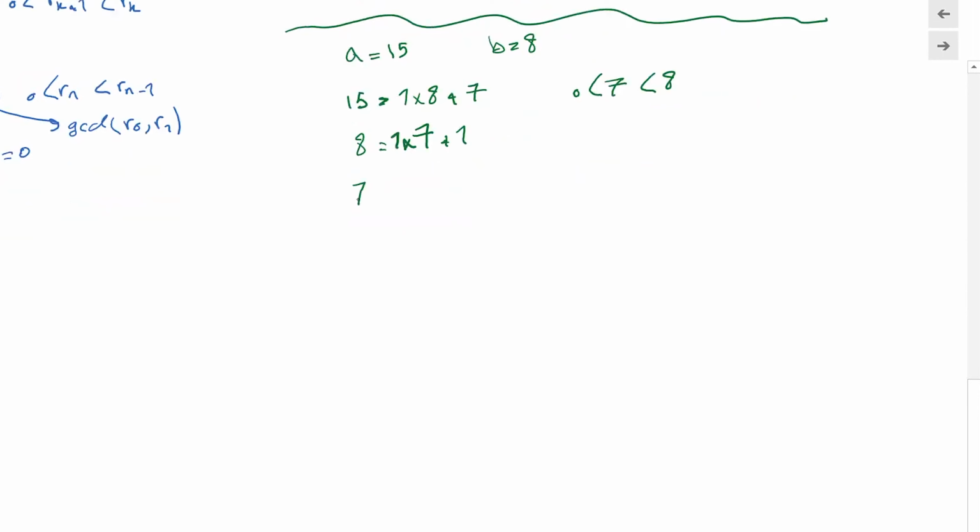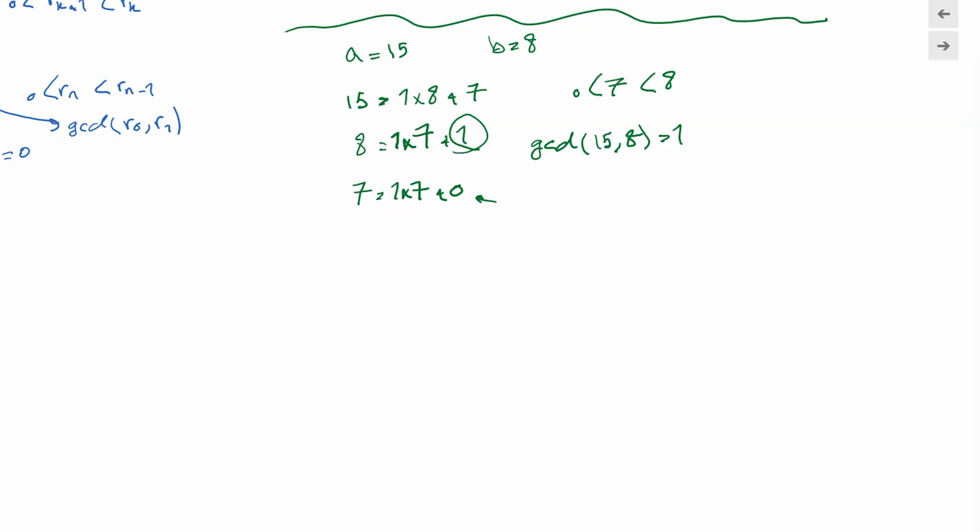And I can say that 7 equals, again, 7 times 1 plus 0, right? So we get to 0, we go back, and this is the GCD. So it says that the GCD of 15 and 8 is going to be 1, right? This is their common divisor.